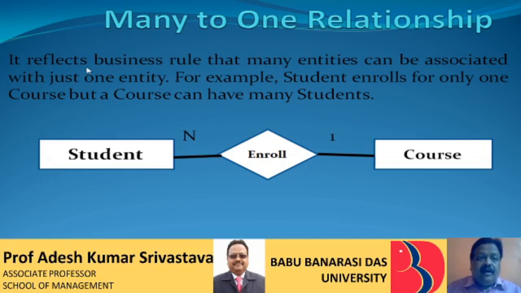Now we come to many to one relationship. It reflects the business rule that many entities can be associated with just one entity. For example, a student enrolls for only one course, but a course can have many students. So this is a very practical example that there are n number of students, right? They enroll for one course. So this is called many to one relationship.